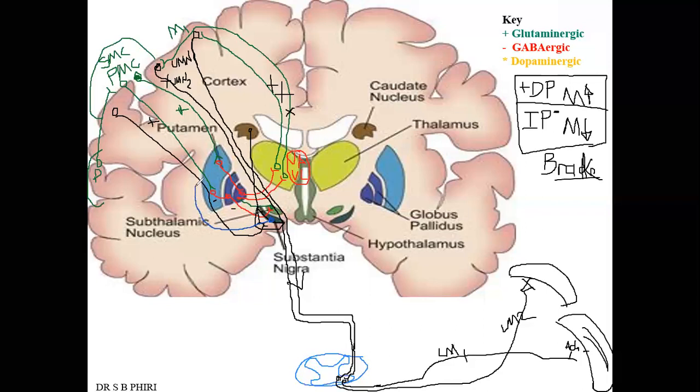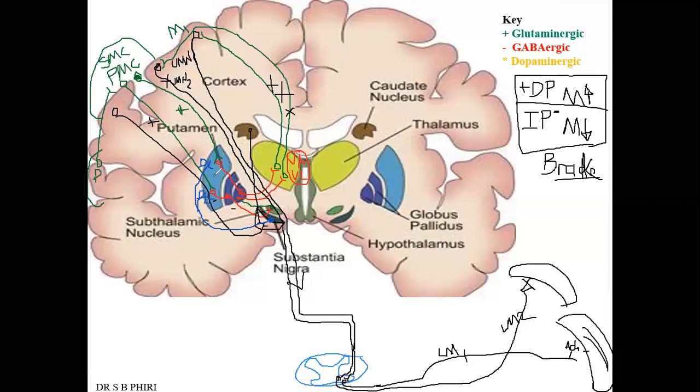So it's going to send projections to the corpus striatum, both direct pathway and indirect pathway. So the direct pathway is working via the D1 receptors. So this medium spiny neuron has got D1 receptors of the direct pathway. The indirect pathway, they have D2 receptors. So it's going to operate via D2 receptors.